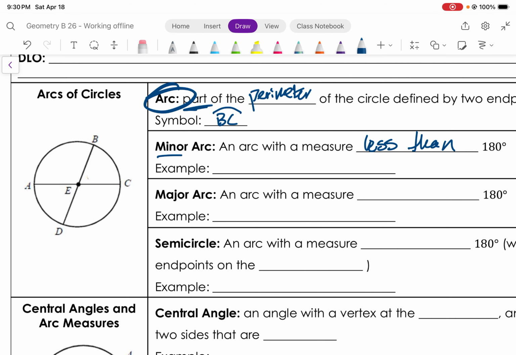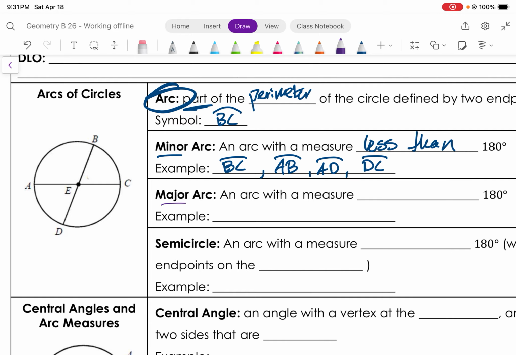So an example of that again would be BC, or I could say AB, or I could say AD, or we could say DC. Okay, so all four of those are less than 180 degrees. They would be minor arcs. They can be different measures themselves, but they just have to be less than 180 to be a minor arc.